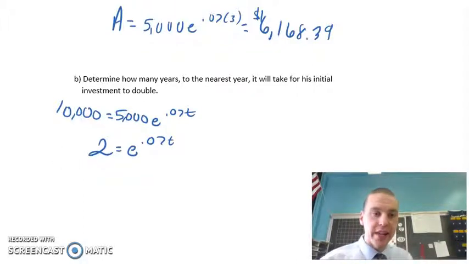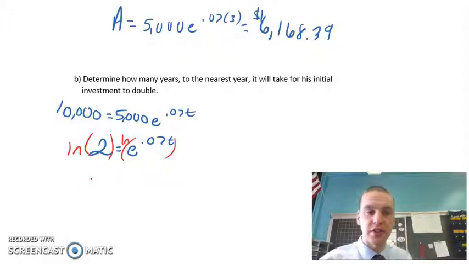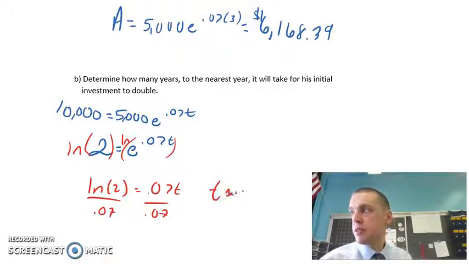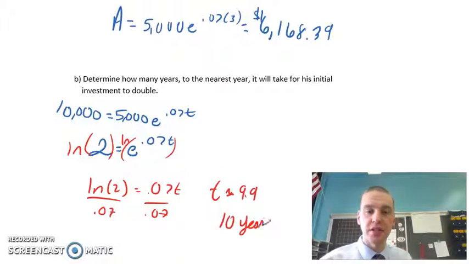If we have forgotten that, it's the natural log. We'll take the natural log of both sides. Remember that natural log and e are inverses of each other. And so you're going to get ln of 2 equals 0.07t, and then divide by 0.07. And so t is approximately 9.9, which is close to 10 years.